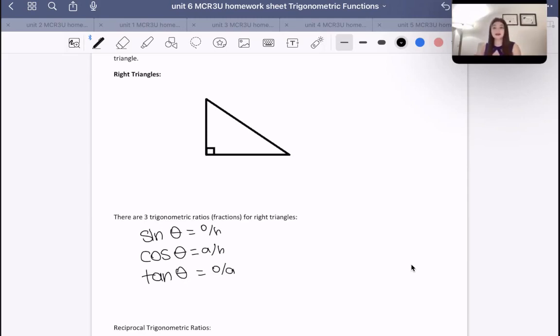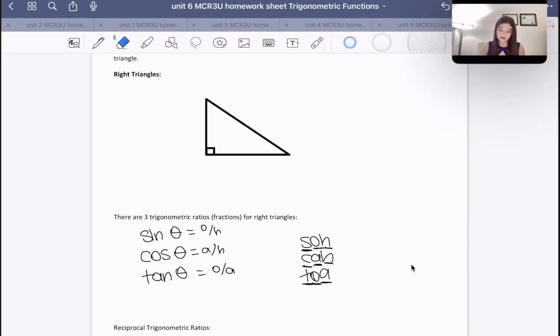Some people like to use a mnemonic device that goes SOH CAH TOA, right? In order to remember that S for sine is equal to opposite, so O over H. Cosine, so C, is equal to adjacent over hypotenuse. And TOA, tangent, is equal to opposite over adjacent.